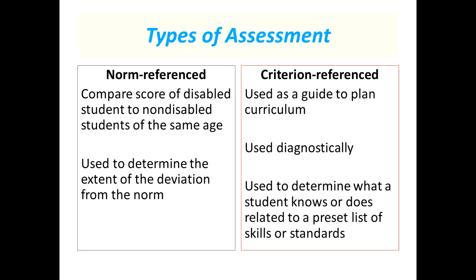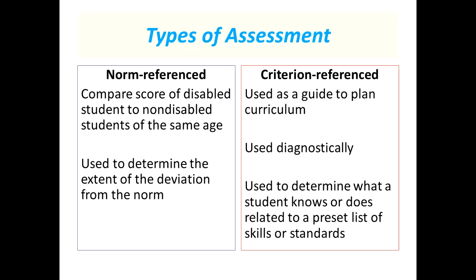So we're taking a look at how far they are away from that normal population. Right now the PASA is given once a year, and that's the alternate assessment for the PSSA.